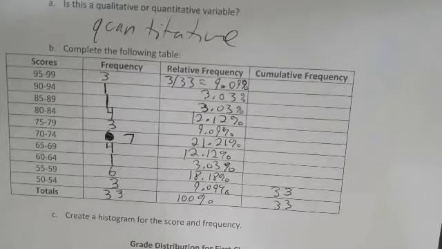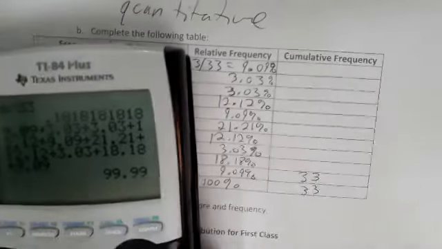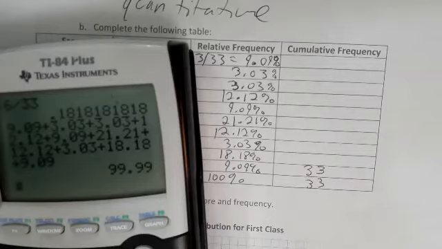It might come out to 101%, but it should be pretty close to 100%. So let's see. Probably a little bit under is what I'm guessing, because I think we rounded down for most of these. Here we go. I'm getting 99.99, sorry. So that's giving me 100%. It's just a rounding issue.